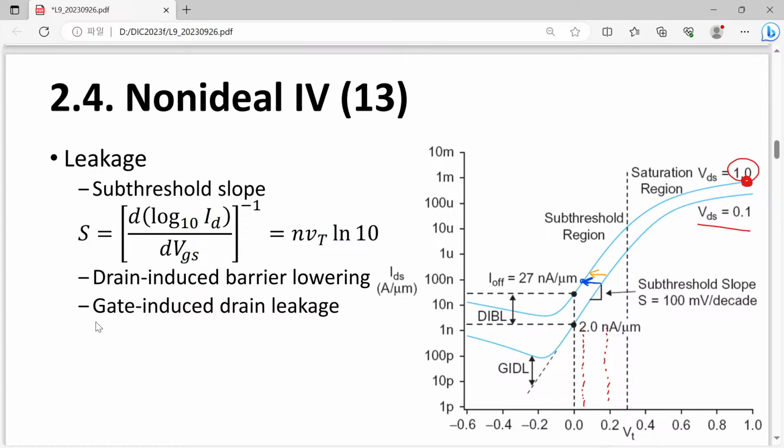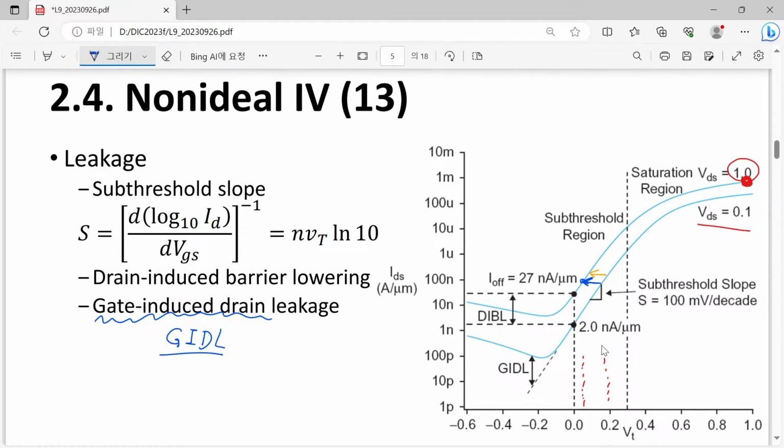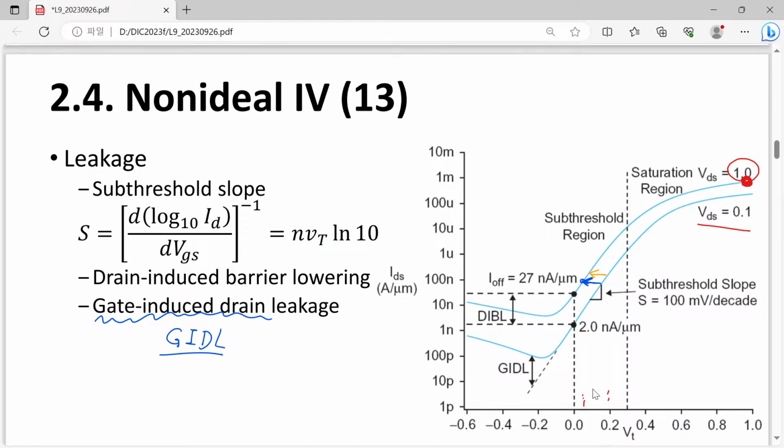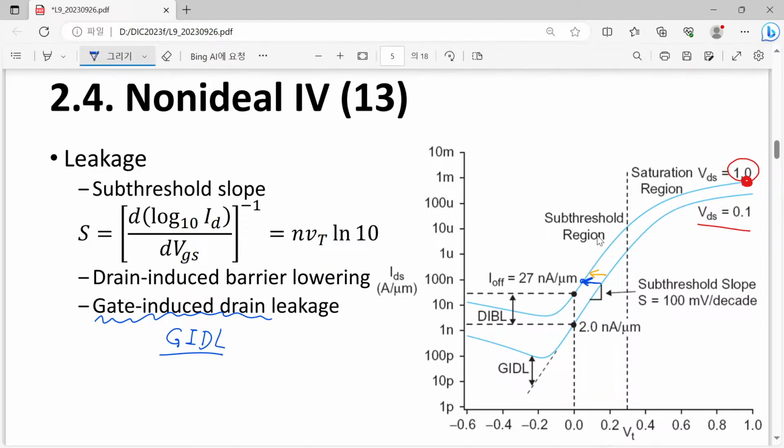Another one is GIDL. It sounds quite similar to DIBL, but this is a completely different one. So where can you find the GIDL? DIBL is found in this subthreshold region, where we consider positive gate bias voltage in the MOSFET case. But GIDL appears in this 0 or negative part.